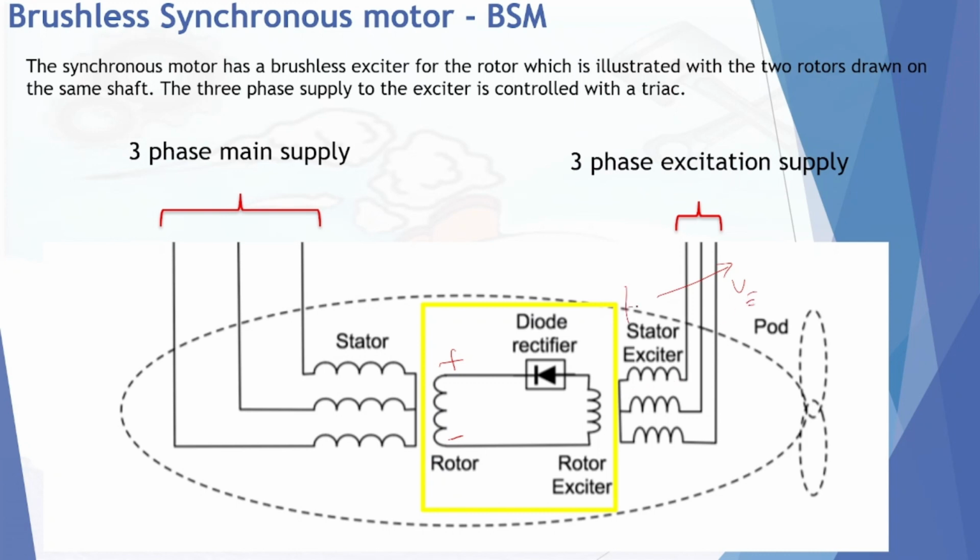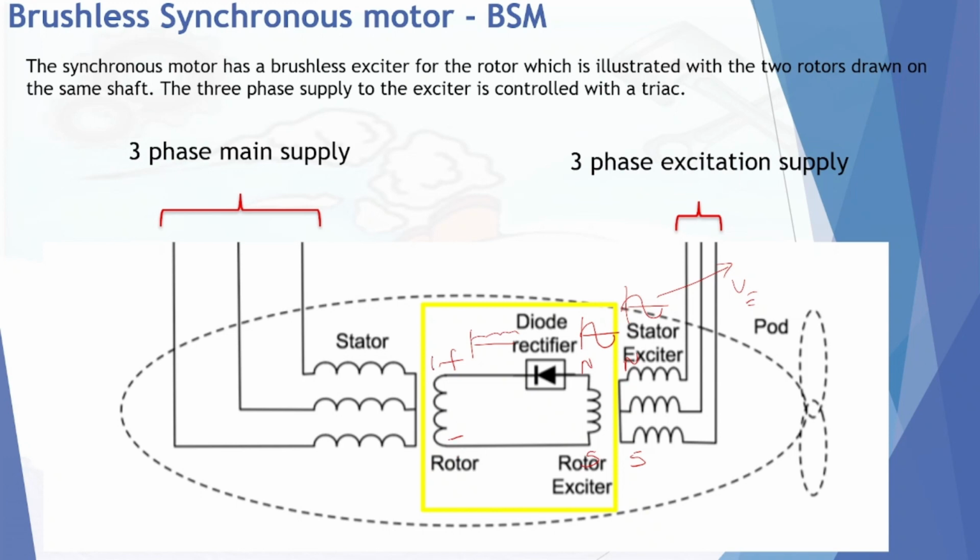There will be AC supply, so a rotating magnetic field will be there, and this rotating magnetic field will cut the exciter rotor, and it will induce an AC supply. Then this AC supply passes through a rectifier diode, and it will convert into a DC supply, so plus minus.